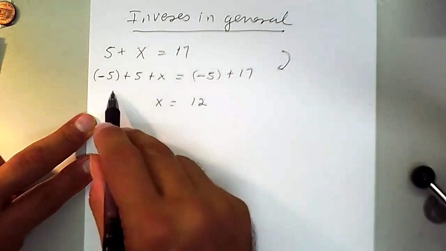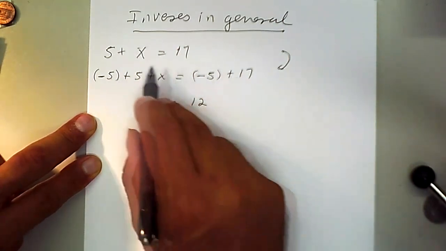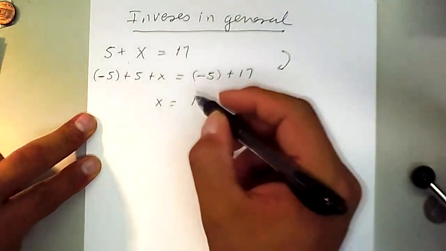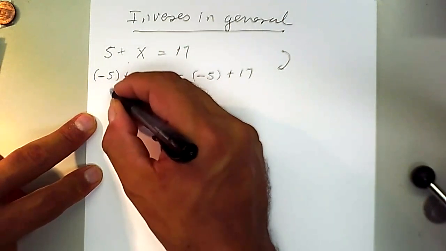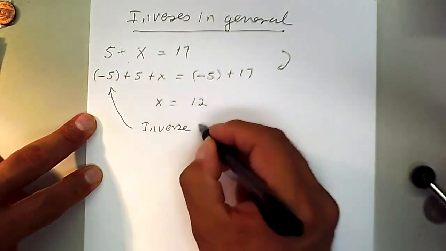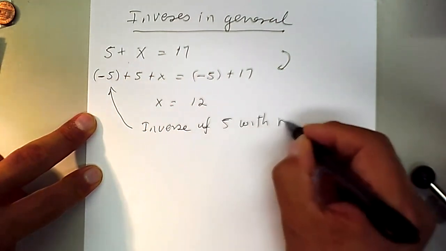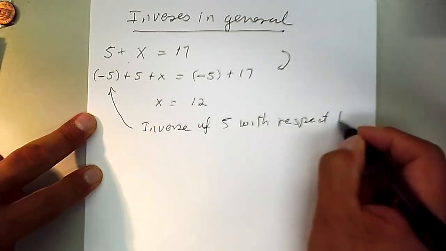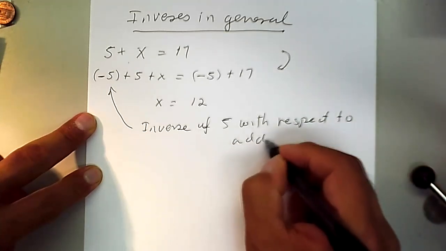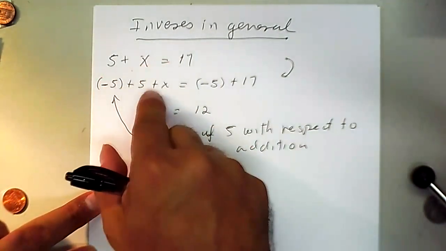So because negative 5, in this case, allows us to solve this equation, we label negative 5 as the inverse of 5 with respect to addition, because it allows us to solve this equation for x.